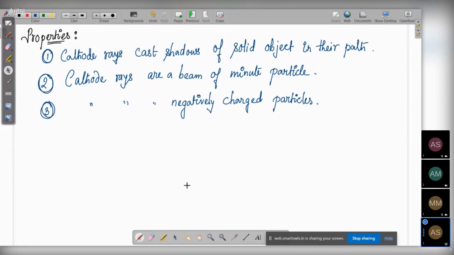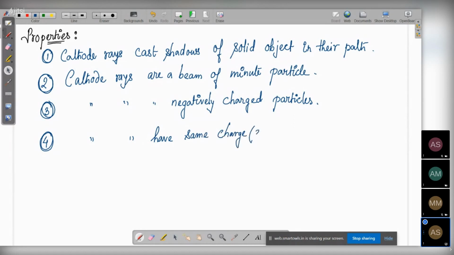Okay. And what can he say? Now the fourth point is that the cathode rays have the same charge to mass ratio.